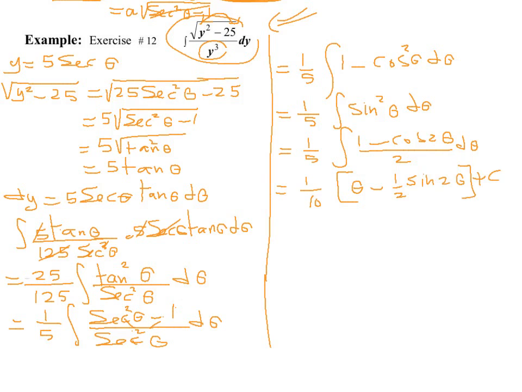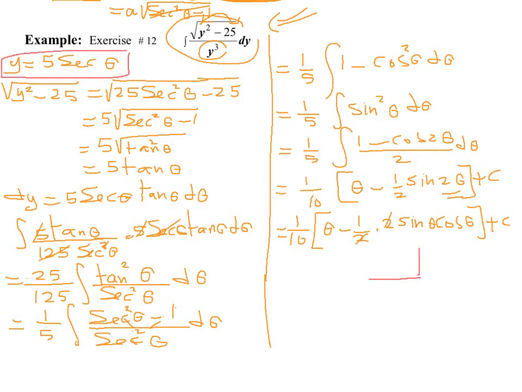Now we are going to use the triangle to replace theta by x. But we have to write this in terms of theta. So this will be written as 1 divided by 10 theta minus half times 2 sine 2 theta is 2 sine theta cosine theta, plus c. 2 cancels with 2. Now we are ready to use the first substitution to replace the final answer with x. This is theta.